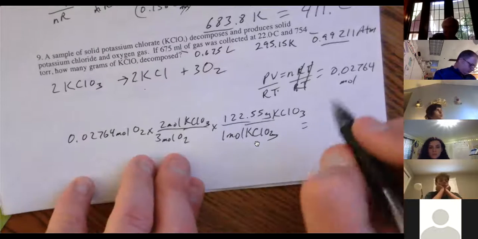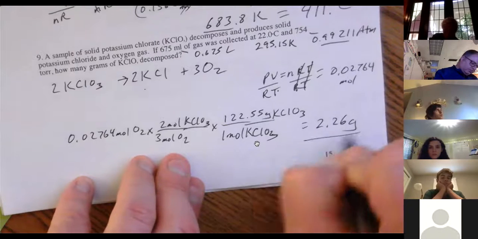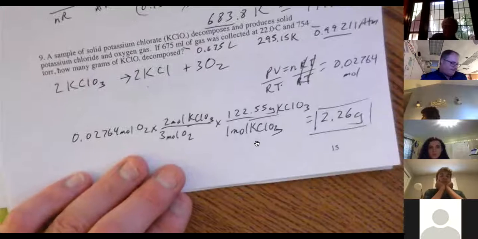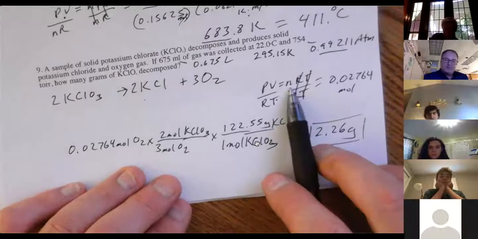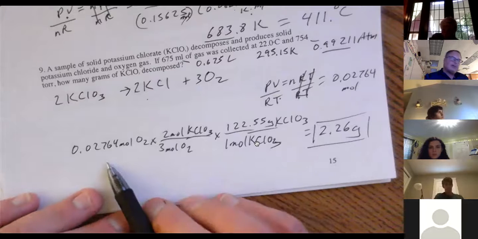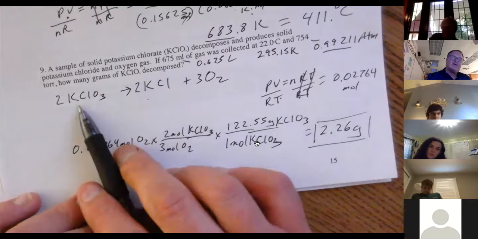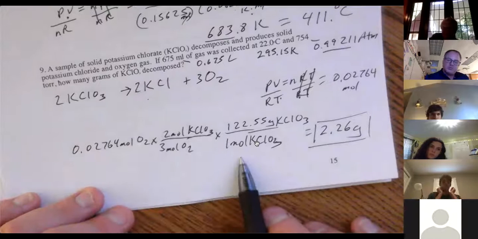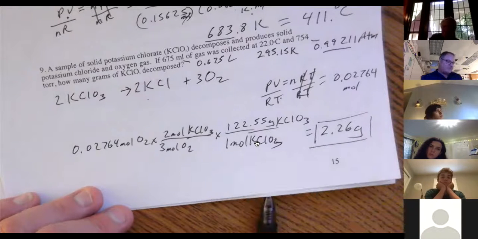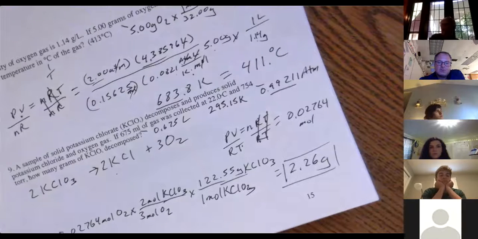The answer is about 2.2581. 2.26 grams. So I used PV equals nRT to find the number of moles. I plugged the moles into a stoichiometric relationship problem to go from moles of O2 to moles of KClO3. I then used the molar mass from the periodic table to convert from moles of KClO3 to grams of KClO3. Any questions there?